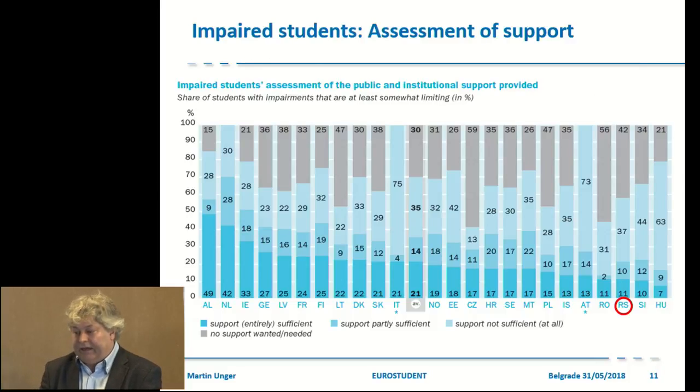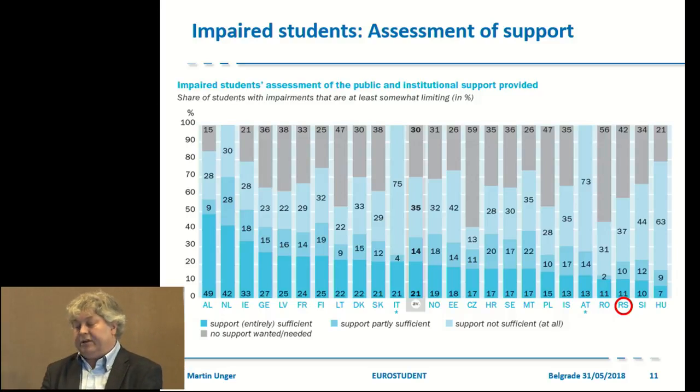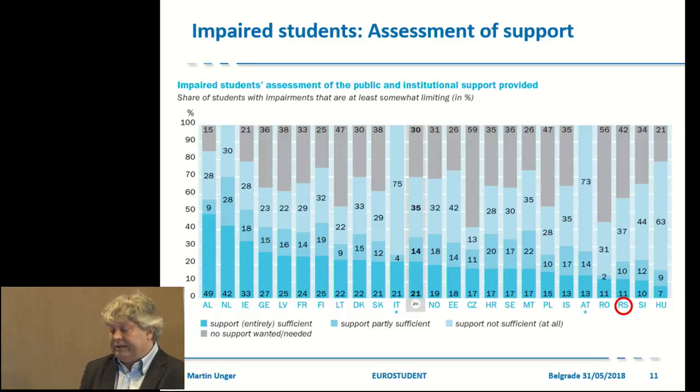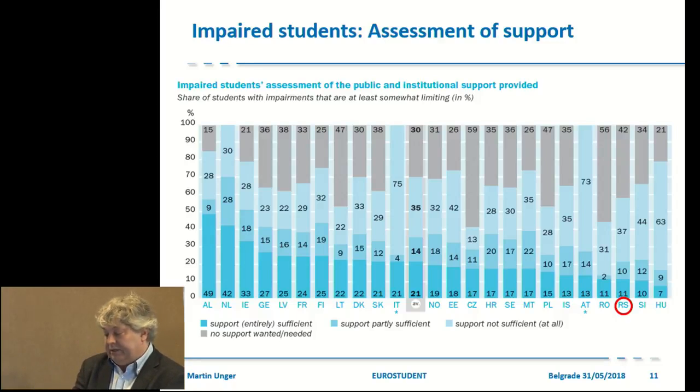And sticking with the students with impairments, those 7% in Serbia were then asked in a follow-up question whether, according to their self-perception, they receive sufficient support, be it from the university or from the social security system in the country. Here, the dark blue is the share of those with an impairment who say the support is entirely sufficient.